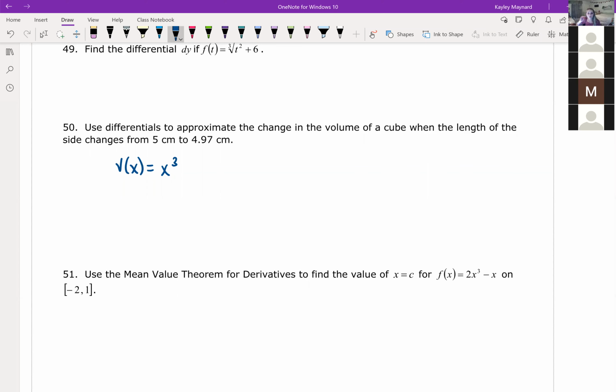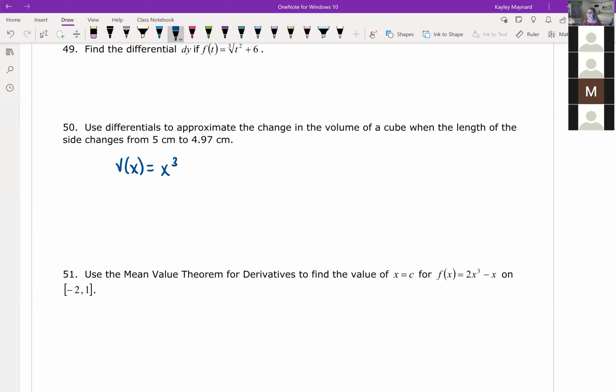And then the question wants us to use differentials to approximate the change when the length of the side changes from 5 to 4.97. Differentials says that, essentially, with the equation we have, dy is equal to V prime of x dx.